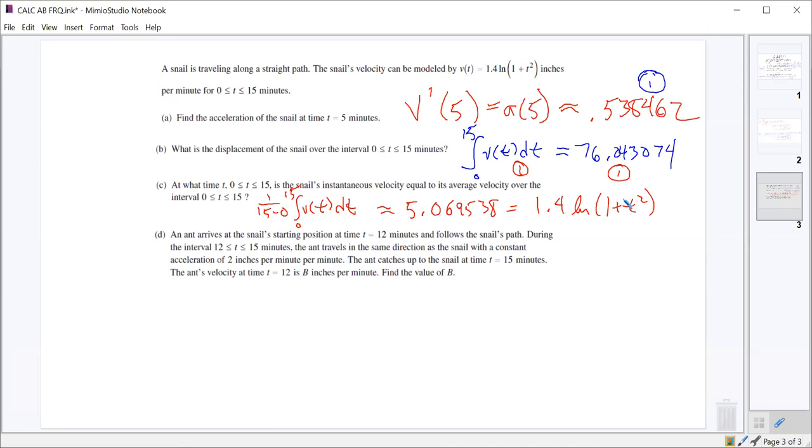Yeah, your calculator will tell you that when you graph both of them. Graph y equals that, just that line, and then 1.4 ln of 1 plus t squared. Or you can graph 1.4 ln of 1 plus t squared minus 5.069538, and then you can see where that has an x-intercept. Looks like that happened at t equals 6.031 minutes.